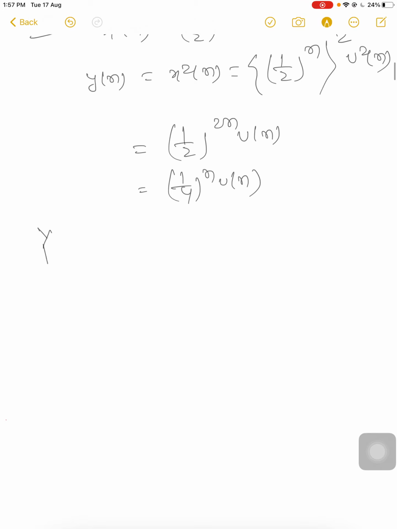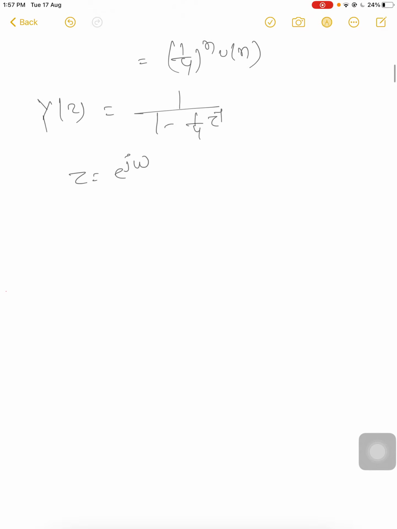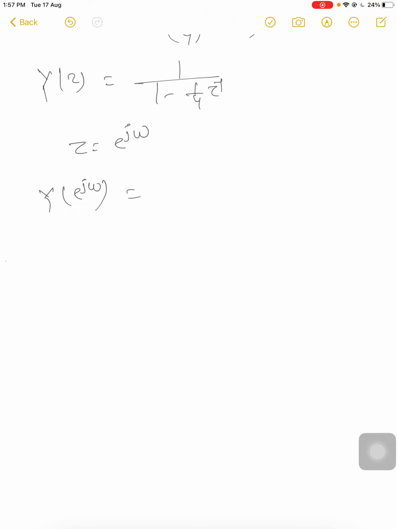Now take the z-transform: Y(z) will be equal to 1 upon 1 minus 1/4 z^(-1), and put z = e^(jω). Then Y(e^(jω)) is equal to 1 upon 1 minus 1/4 e^(-jω).